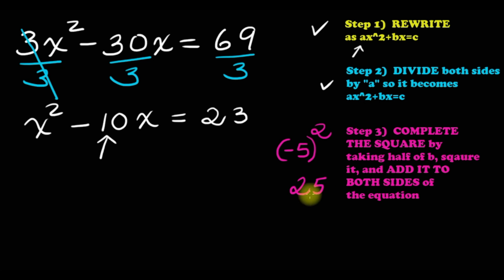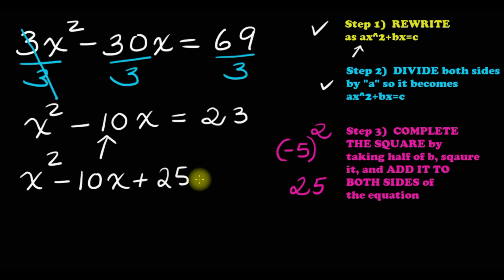Okay, so what do we do with the 25? We're going to add that to both sides of the equation. So it's going to look like this: x squared, take away 10x, plus 25. Notice I'm adding 25 to the left, and then on the right side, I have 23 plus 25.